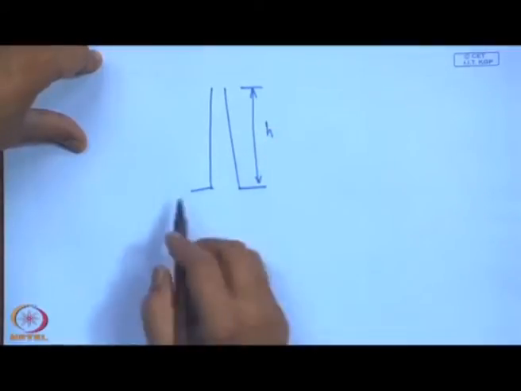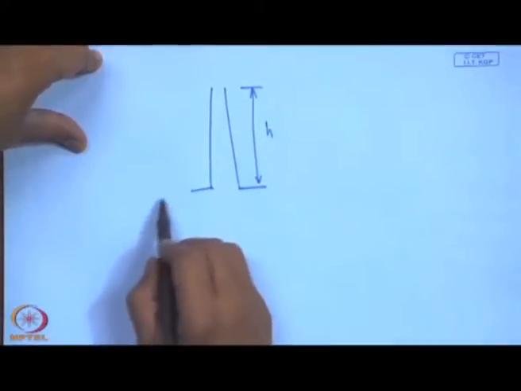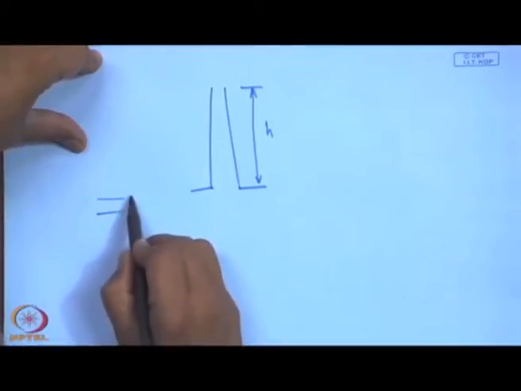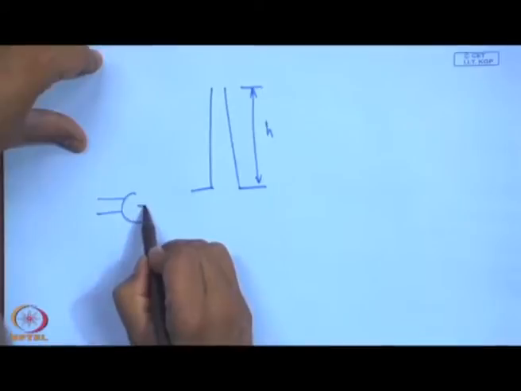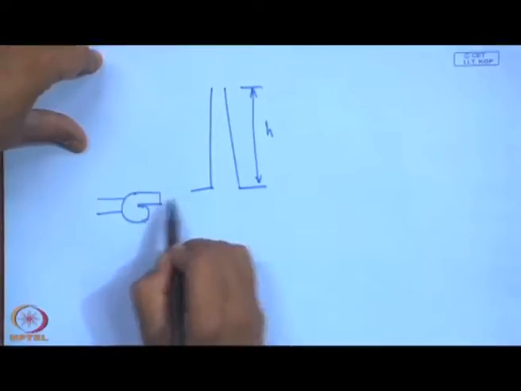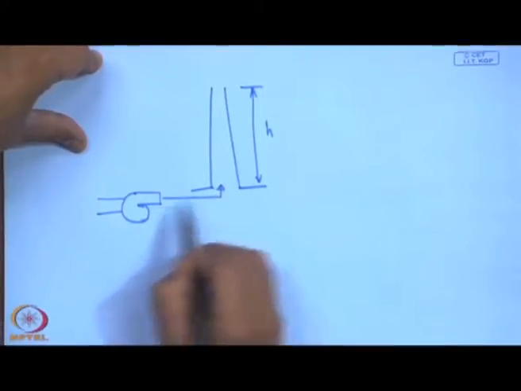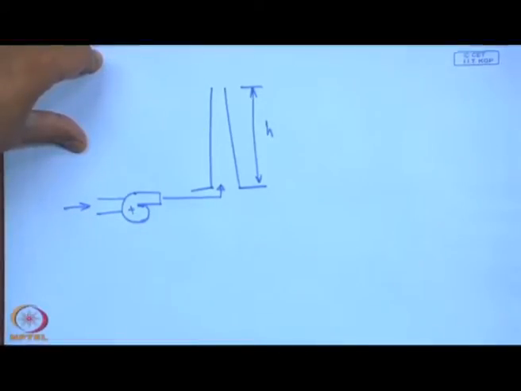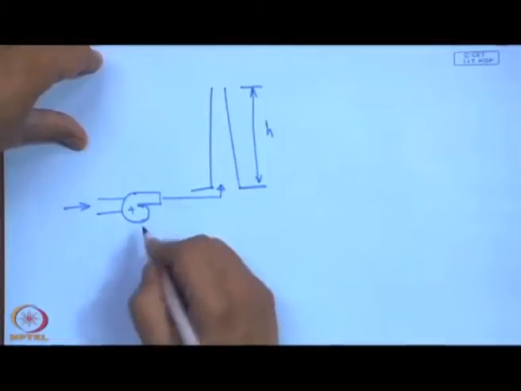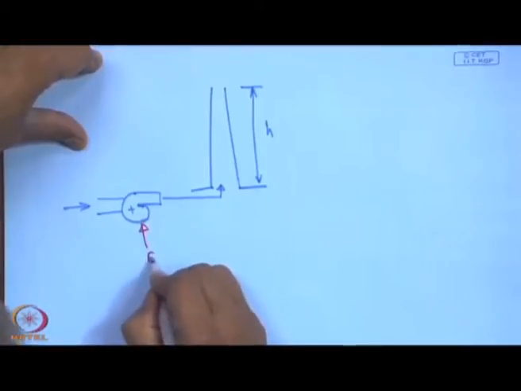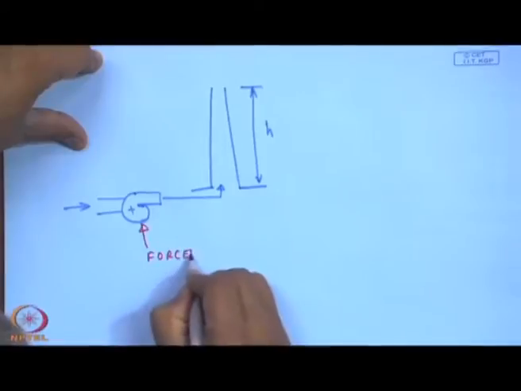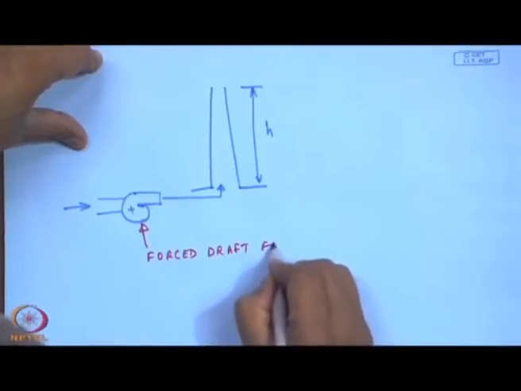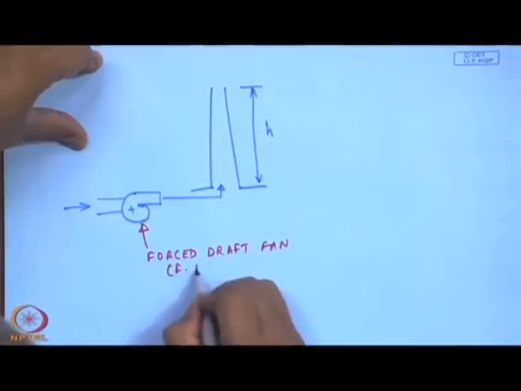Now, it may so happen this exhaust gases which come, we have to give some extra energy, and that is what is known as a forced draft fan, or in short FD fan.